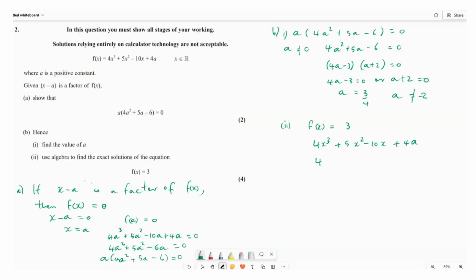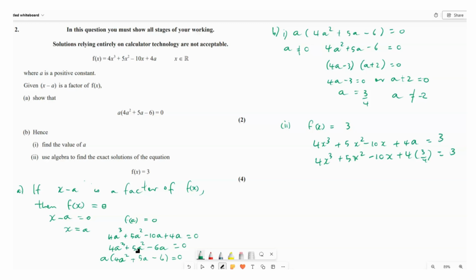So we would have 4x cubed plus 5x squared, and if we replace, we would have 4 into 3 over 4 and that equals 3. That should equal 3.